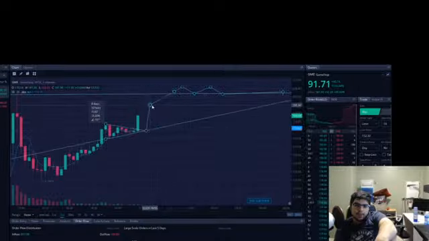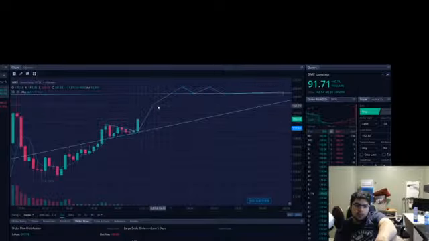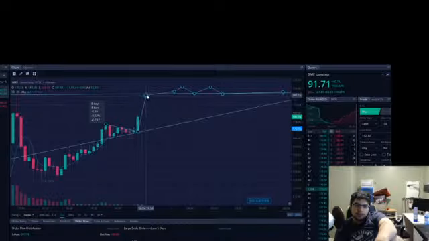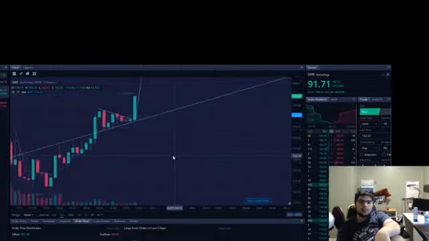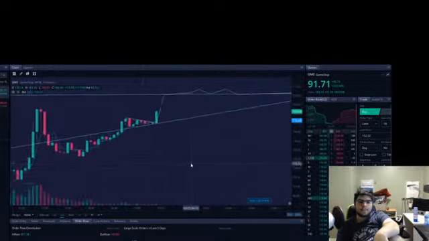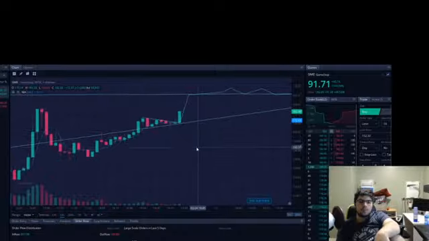Alright. But we did get the cup and handle formation, and this should be something like that. This should land all the way back there. Hopefully.